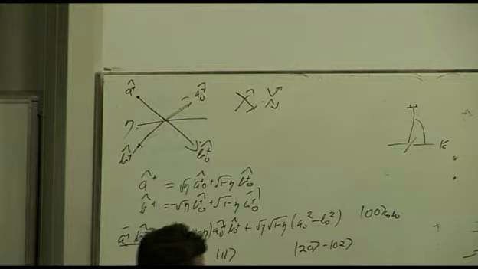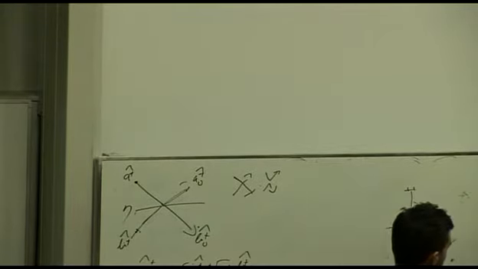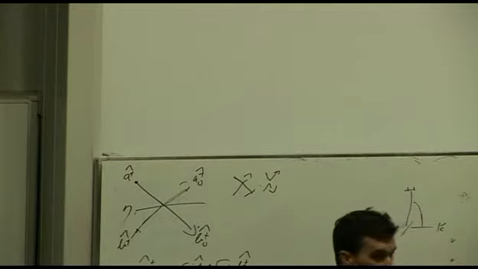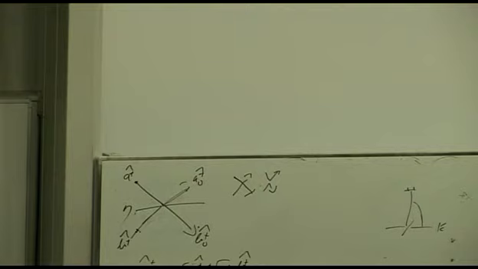And I guess what I'm going to start by doing is talking about this controlled pi phase shift that sits at the heart of this thing here. So you can convince yourself that this controlled pi phase shift, sandwiched with two Hadamard gates, is what I've got here.